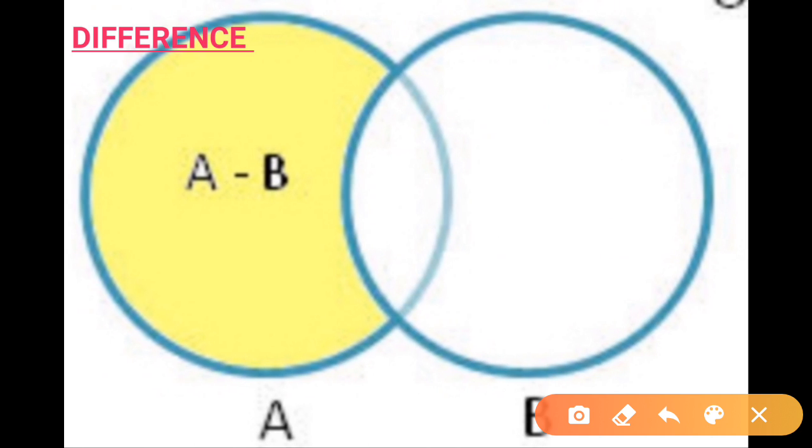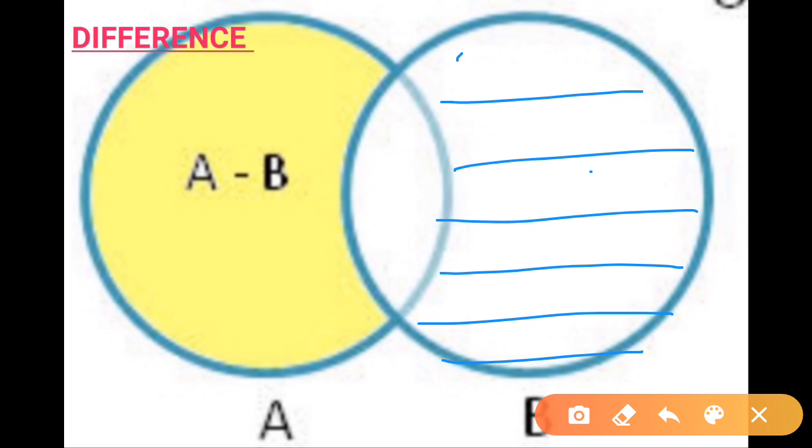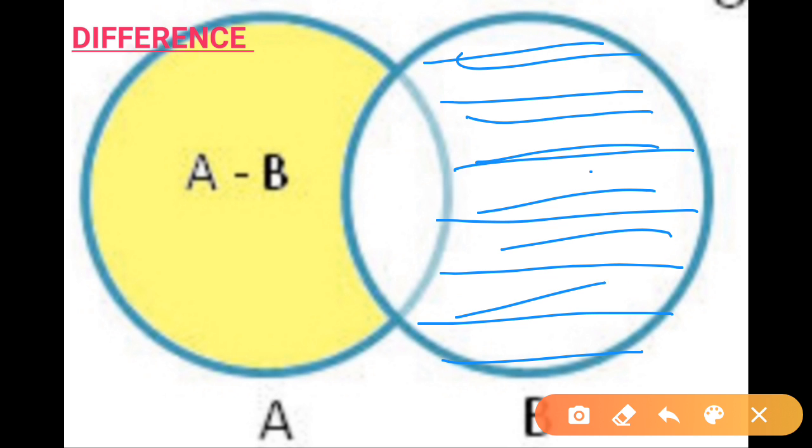And the last one, difference. B subtracted from A means A minus B. A minus B is, in the Venn diagram, this yellow shaded part. What about B minus A? This is the blue shaded part.